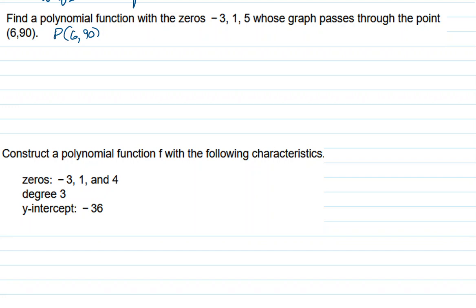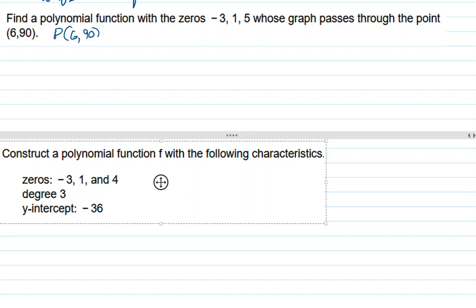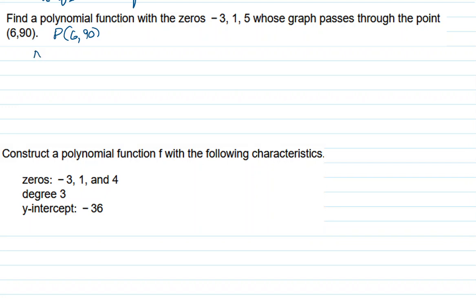So let's do first our zeros. There are no multiplicities. So therefore, it's going to be relatively easy. So we have x equals -3, x equals 1, and x equals 5.